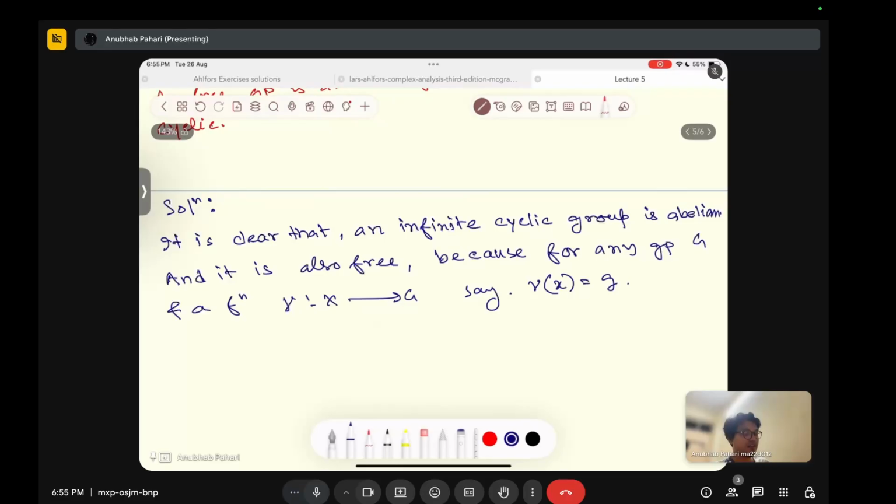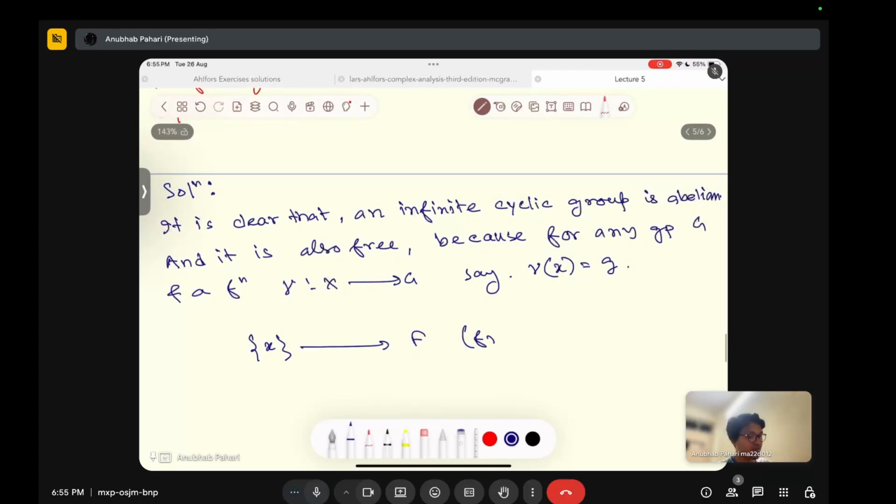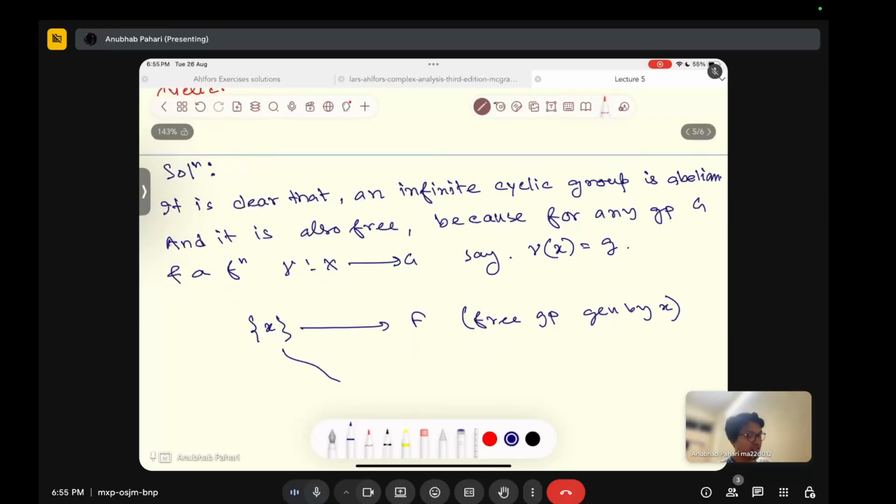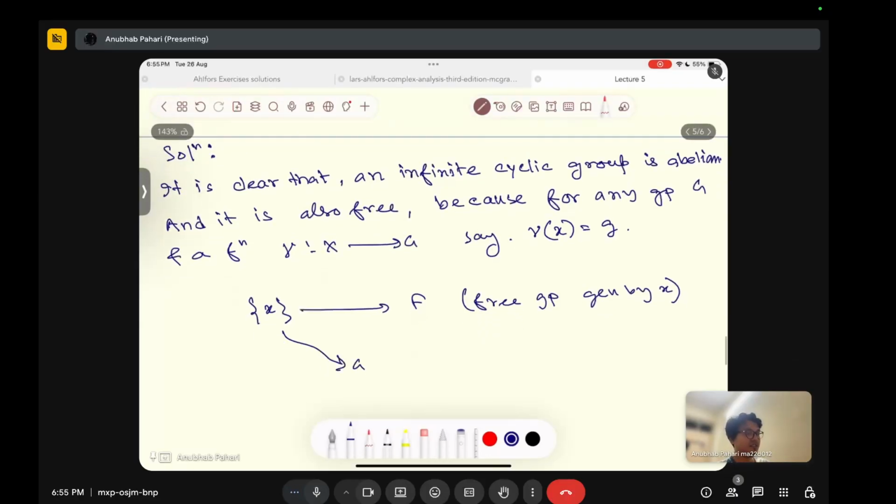this commutes, right? Small x, if F is your free group generated by small x, then you will see that this commutes, right?